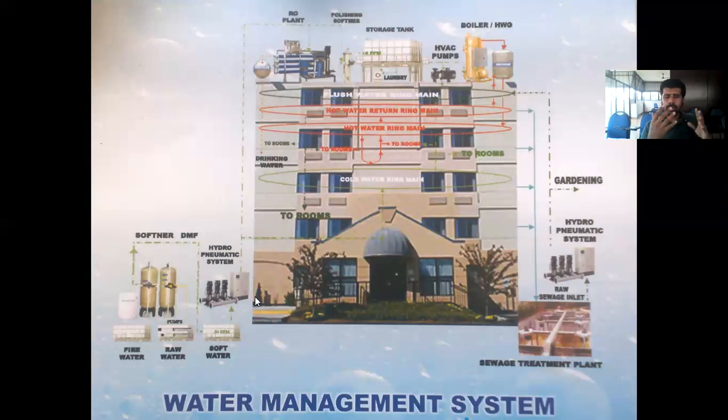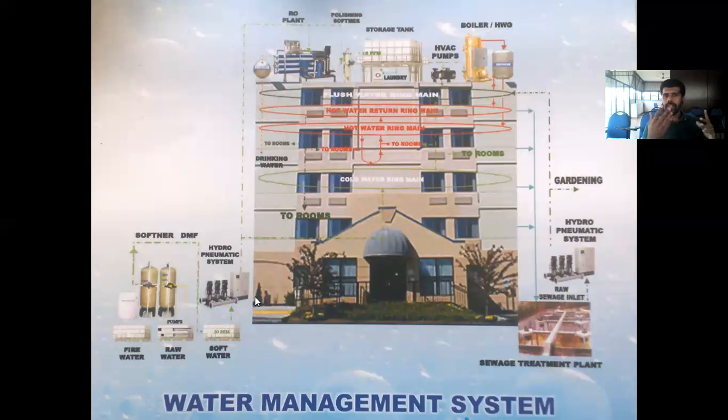So mainly in this water management system, we have to focus on different types of supplies, like main water supply, then raw water, which we can say is fresh water, hot water, and chilled water.